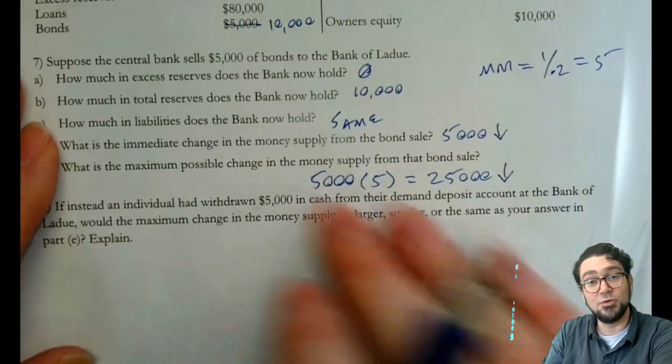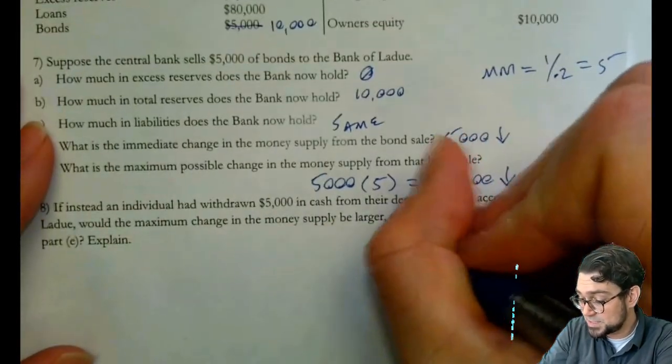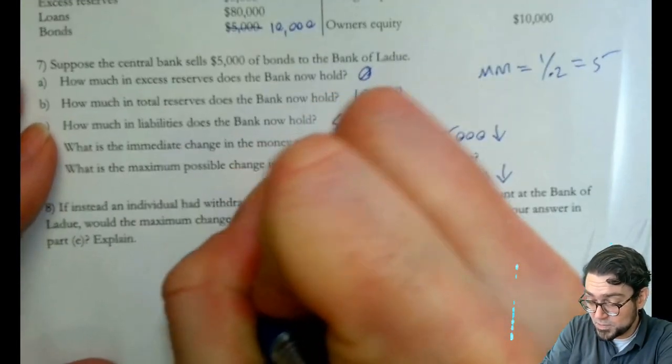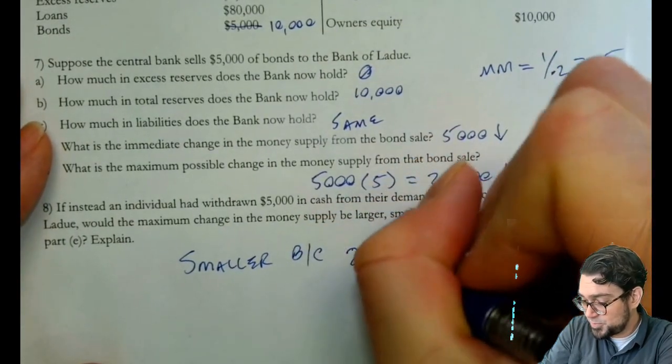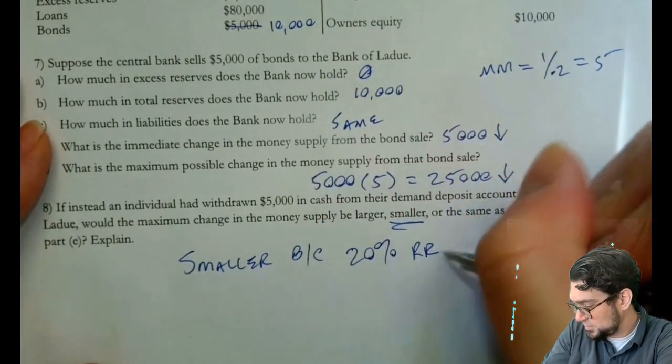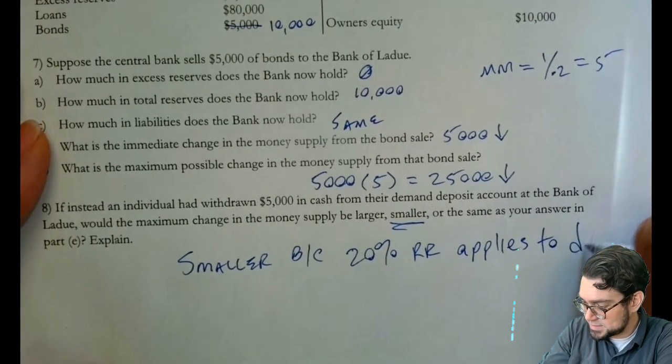If an individual had withdrawn 5,000 in cash from their demand deposit, would the maximum change in money supply be larger, smaller, or the same? Well, it's going to be smaller, just like before, because the 20% required reserves applies to deposits.